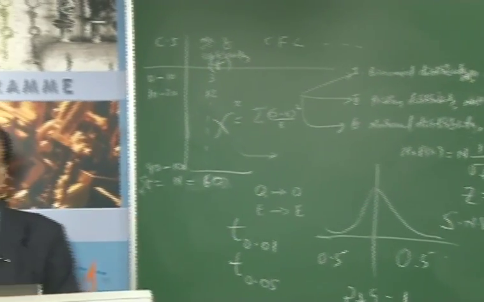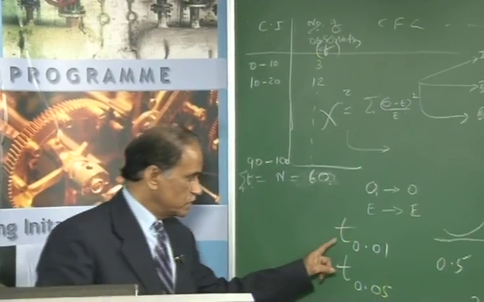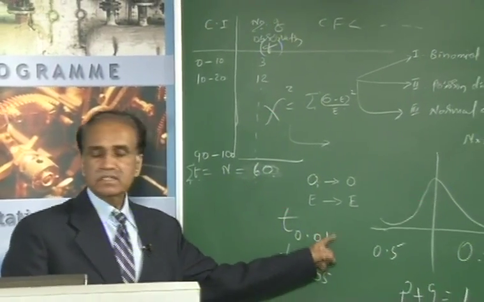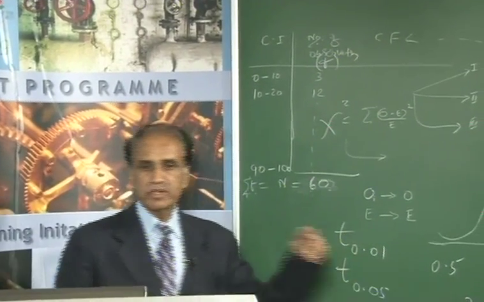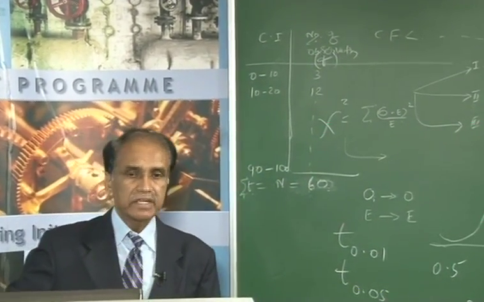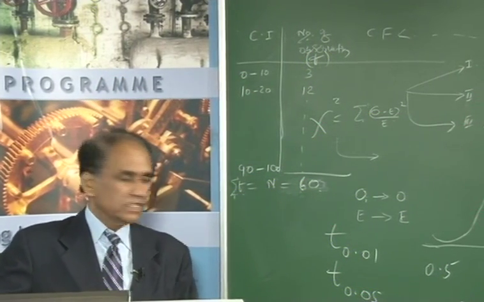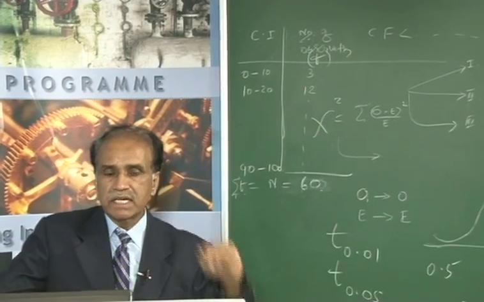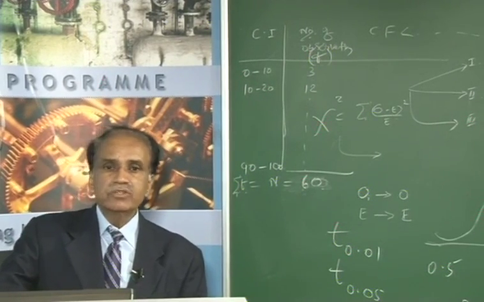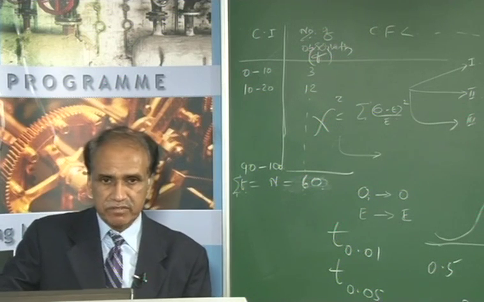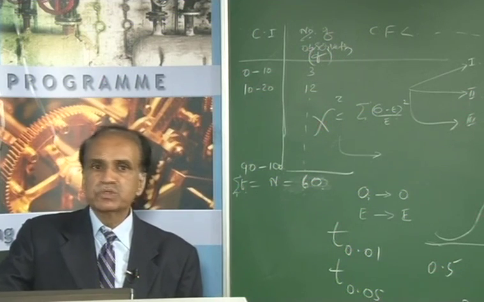In one of the previous discussions, earlier to this chapter, I told you t at 0.01 is 1% level of significance and t at 0.05 is 5% level of significance. Then the comparison is required at which level of significance; according to that you have to collect the table value, then compare it for the given table of values, and calculate the actual expected frequencies. Then how this equation behaves and how to use it.